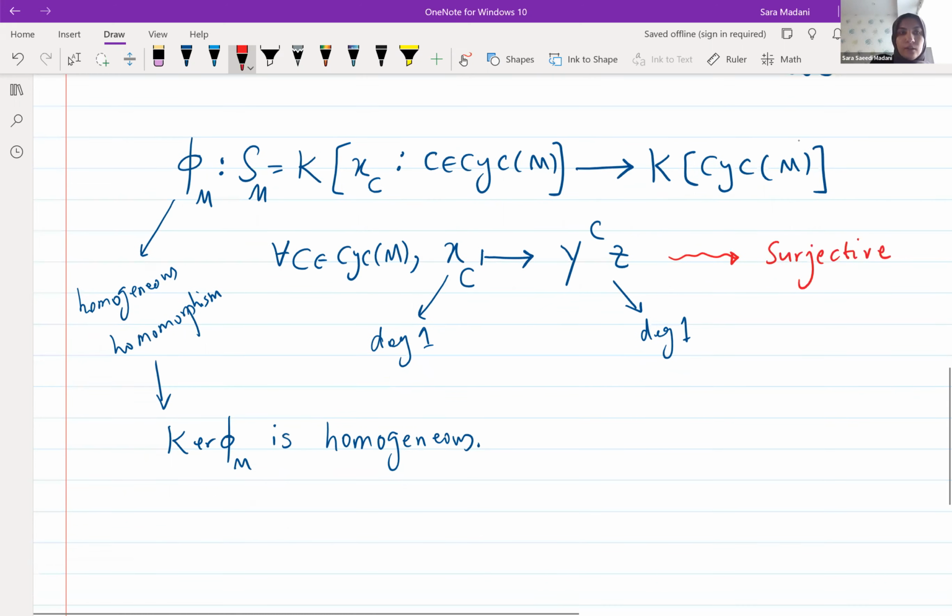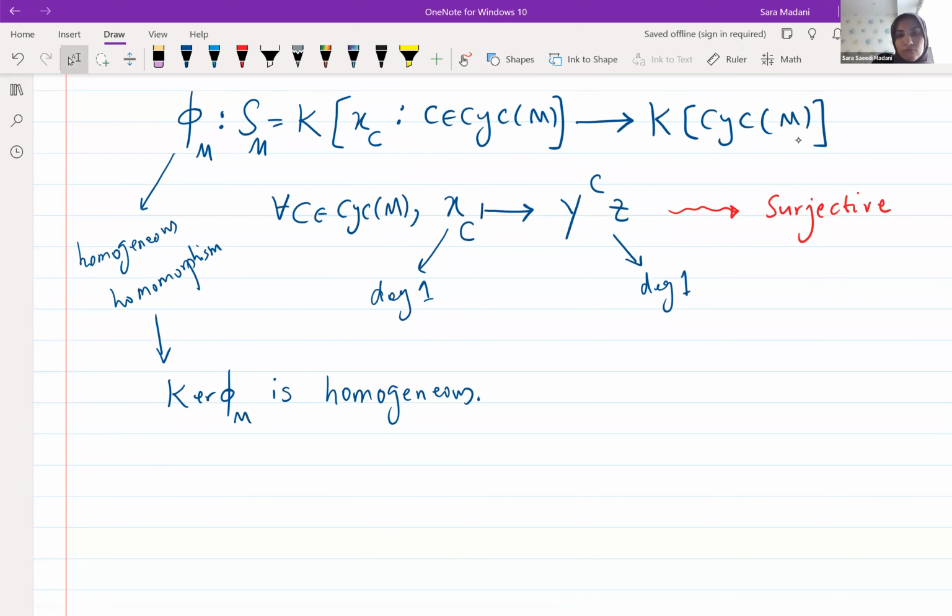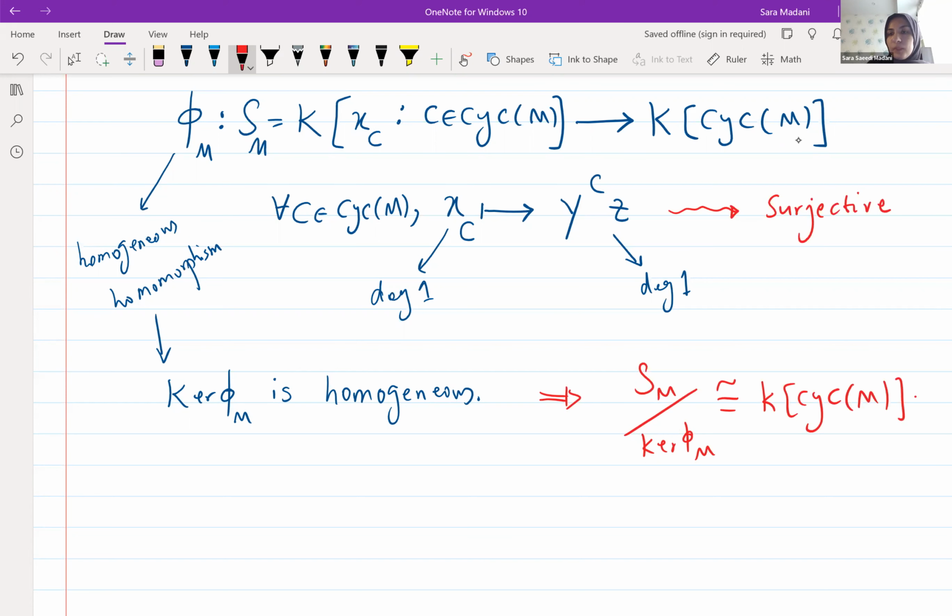And if I take this kernel, then you know from your elementary algebra courses that S_M over this kernel is isomorphic to my cycle algebra. Okay. And now I want to give a name to this ideal, this kernel of phi_M. This is indeed called the defining ideal of this algebra.